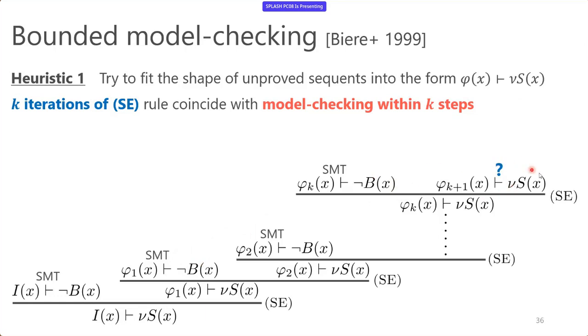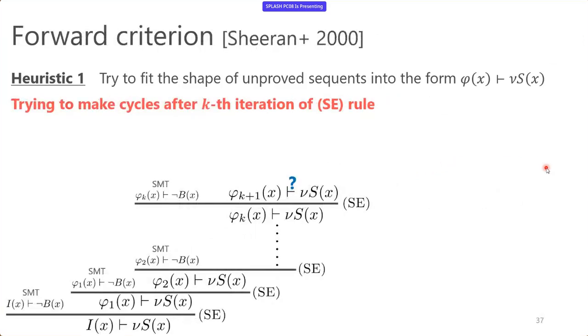Please also note that here there is an open sequent. To complete the proof, there's a heuristic called the forward criterion in the literature, which says that here we need to make a cycle to complete the proof.